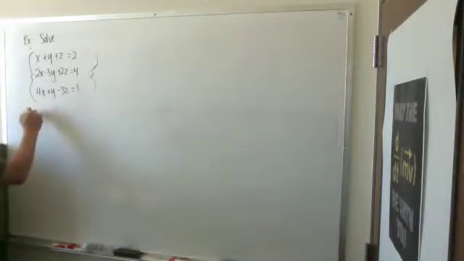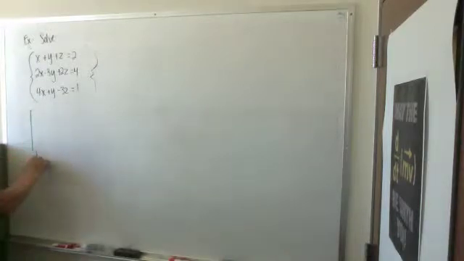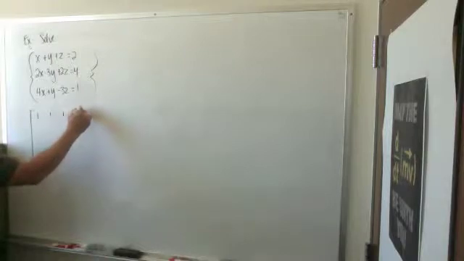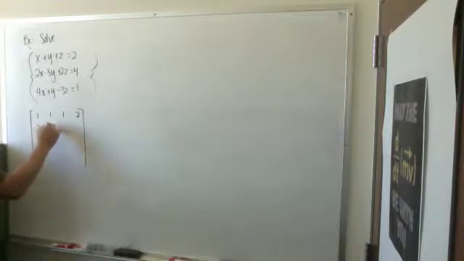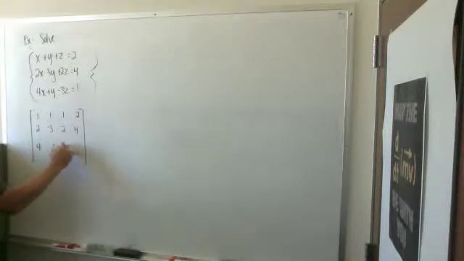So we have those rules that we can use. First, we can convert this to a matrix. Okay. So once we have a matrix, what we're going to do is use some of those row operations to get it in that triangular form.